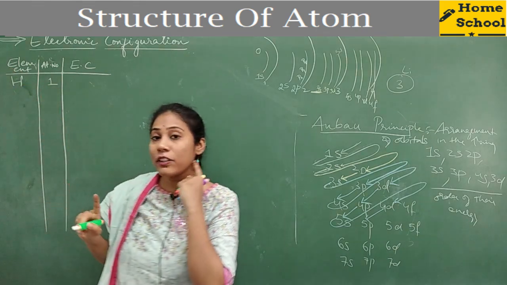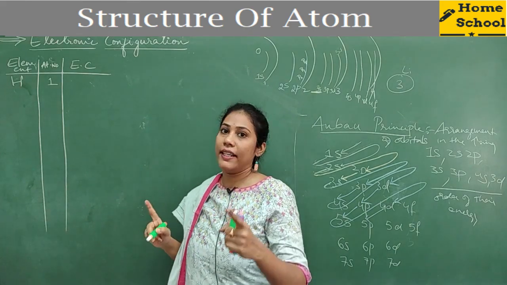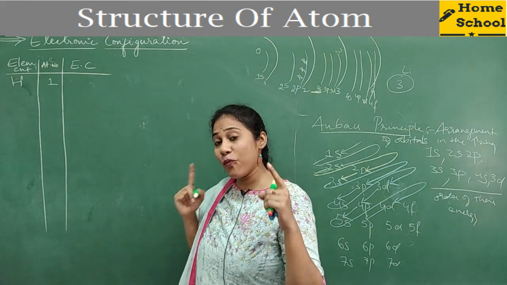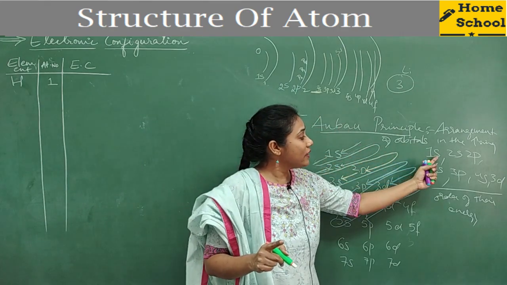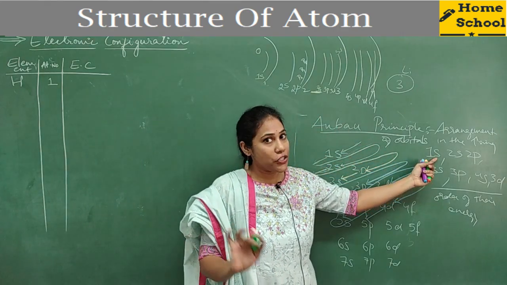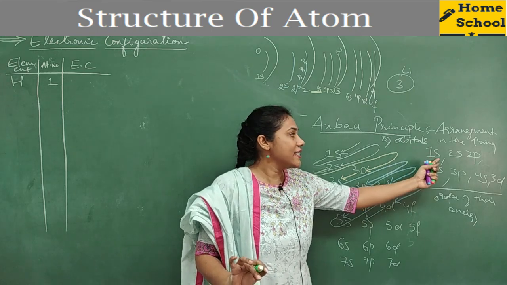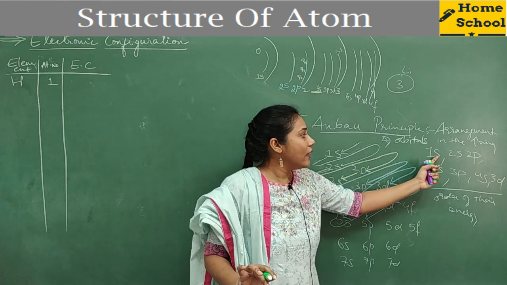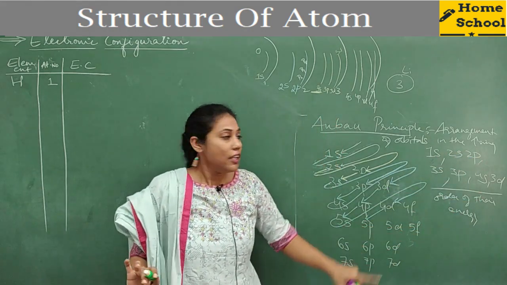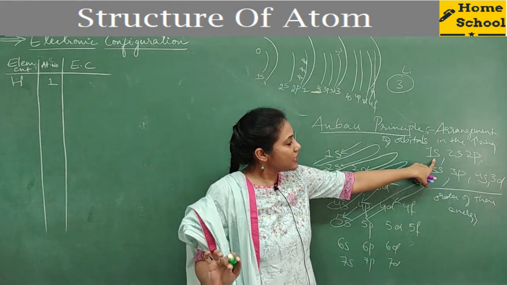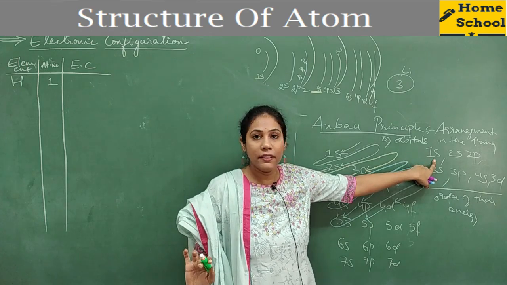That means how many electrons are there in hydrogen? Just 1 electron. So where will that 1 electron be located? You know what I told you, first the orbital with lesser energy will get filled up, right? 1s has least energy, and the rest follow in the increasing order of their energies. So 1s has lesser energy, first the 1s orbital will get filled up, right?